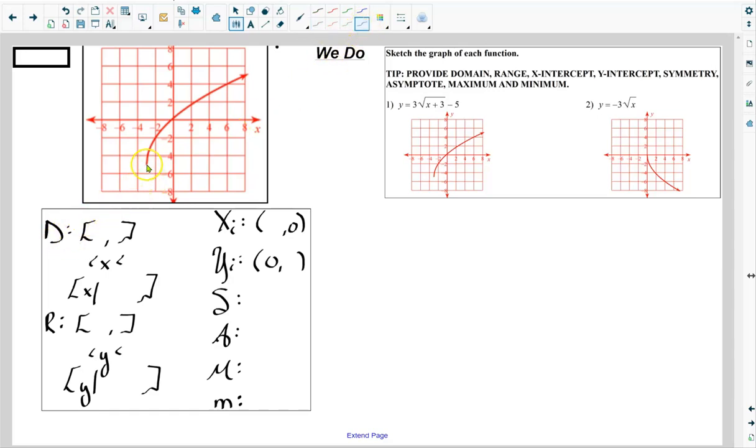So domain: my x looks like it goes from -3 to infinity. It doesn't go left anymore, so I can draw a box, like a window. There's no more graph past -3, but the graph does keep on going this way, so -3 to infinity.